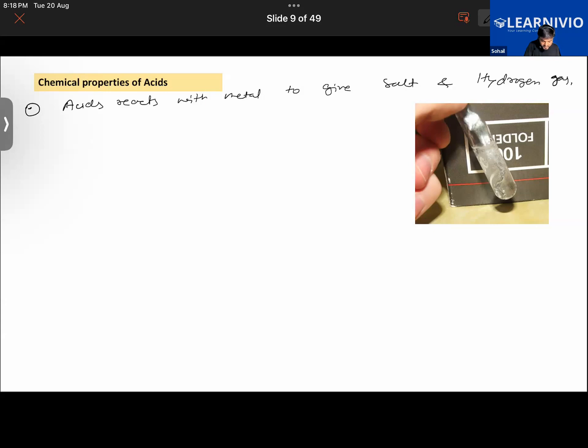Next, we learned that acids react with bases to give salt and water. Very good. A few other things we have to learn is that acids are conductors of electricity.